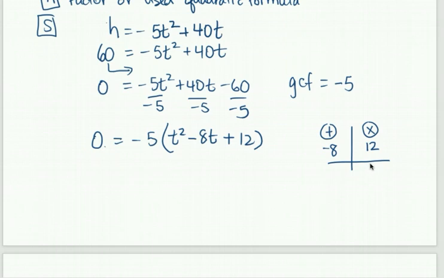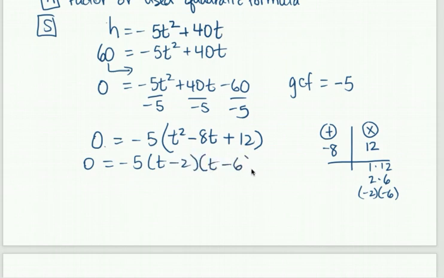Hopefully when you go through and guess and check, or if you want to list them all off, you can do that as well, you'll find that 2 and 6 are good ones. But we need positive 12 and we need -8, so we need the negative values of both of these, which will add to -8. So now you can factor to here.